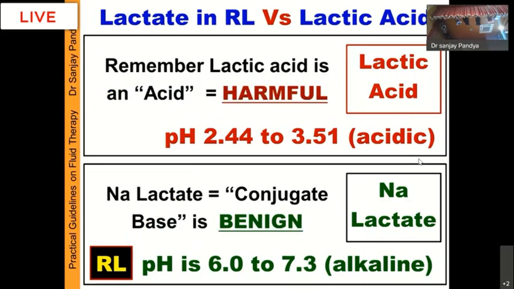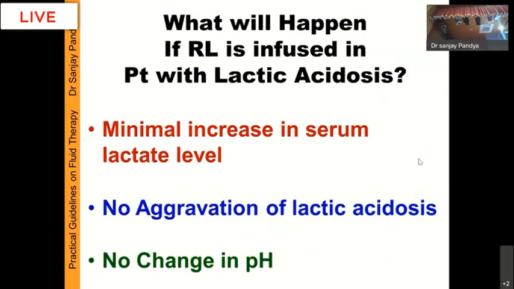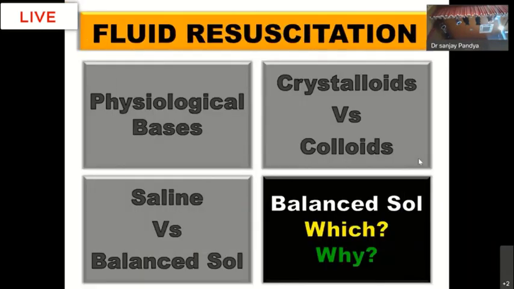Sodium lactate is benign while lactic acid is harmful. What will happen when RL is infused in a patient with lactic acidosis? Minimal increase in serum lactate level, no aggravation of lactic acidosis, no change in pH.